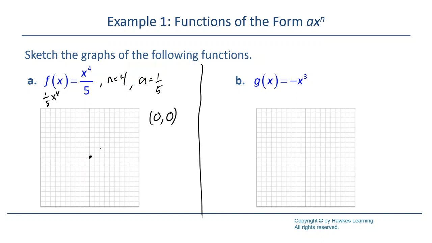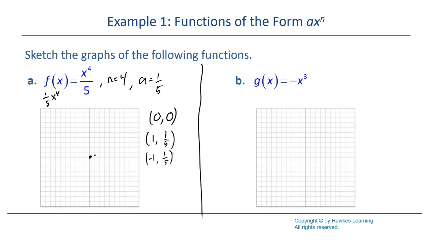That's pretty easy. If I plug in 1, well, I get 1/5. So here's 1, and this is a little bit smaller, so we'll try and do that. Something along those lines. Now, if I wanted to, then I could use -1 as well.